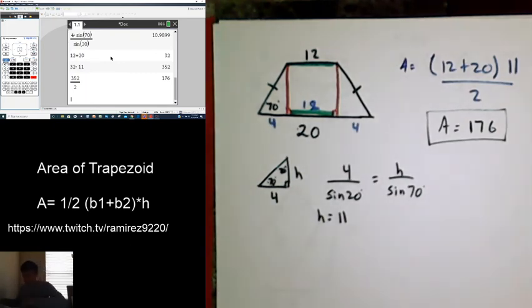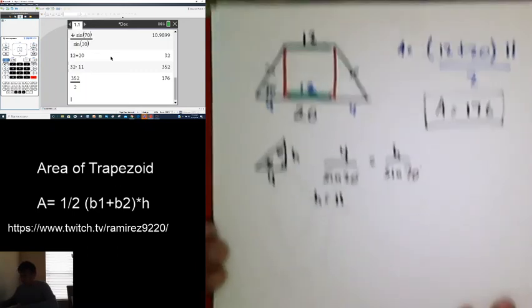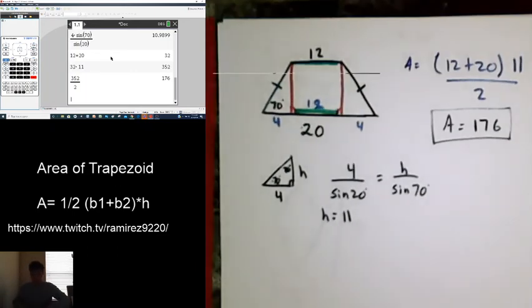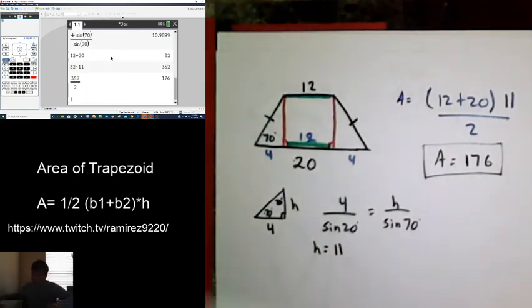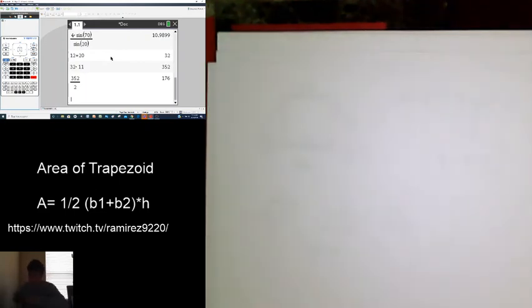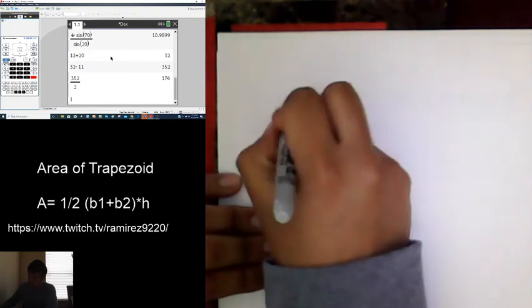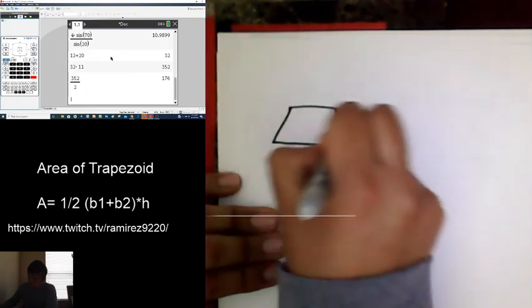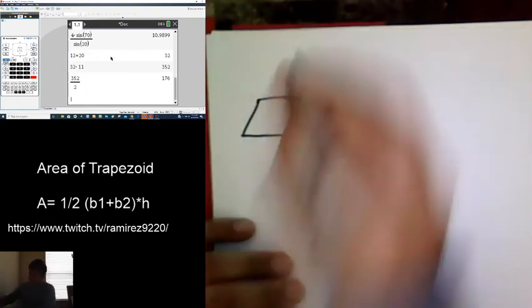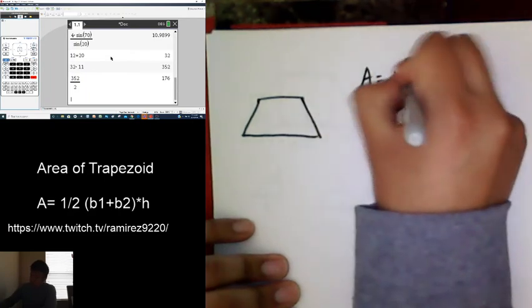Okay, and I guess I'm going to do one quick example on what if you have to go backwards. So let's say you had a trapezoid of some kind, and you knew, like they already told you, hey, the area is 100.